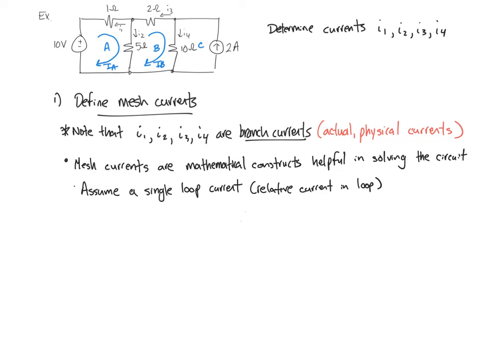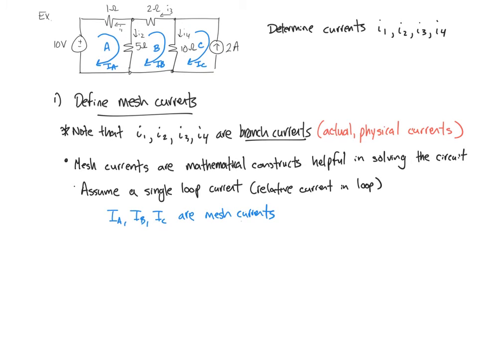I just tend to pick clockwise. And mesh current I sub C. So IA, IB, and IC are what we call the mesh currents.